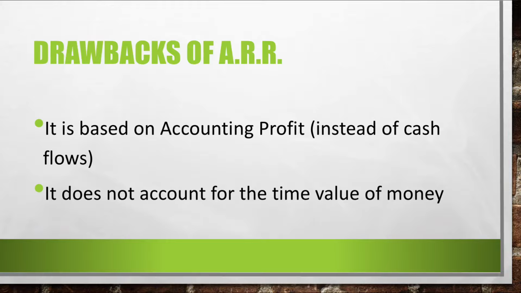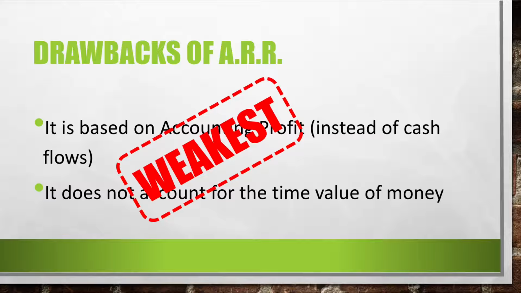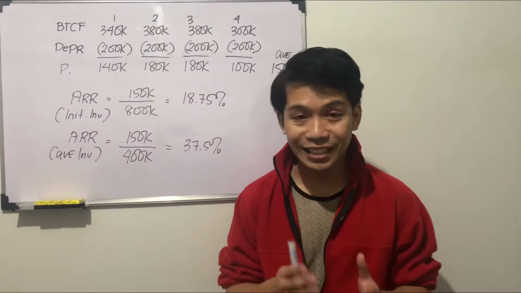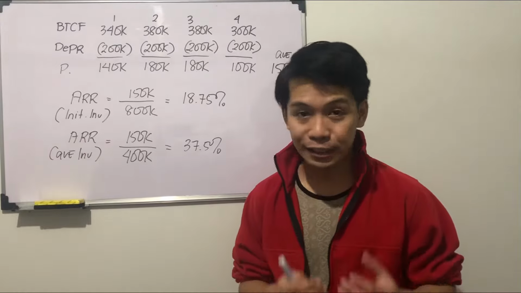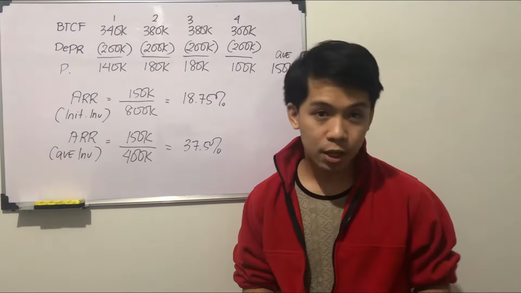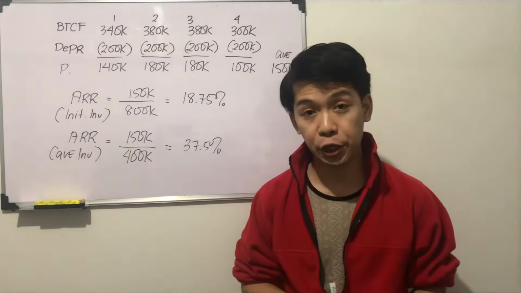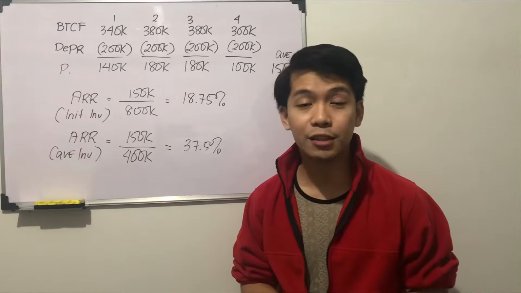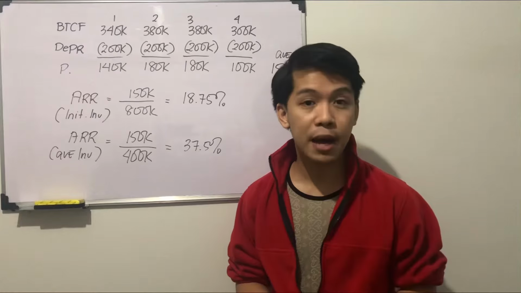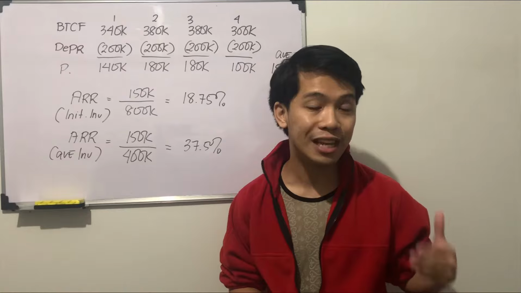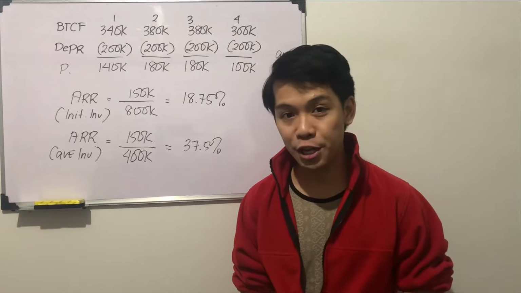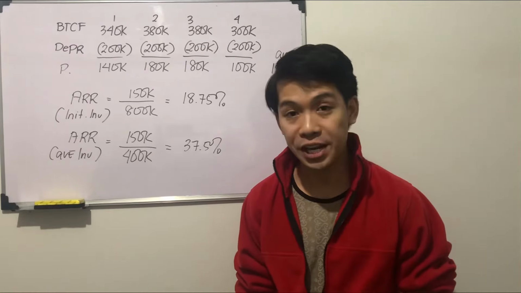As a result of these two drawbacks, we can say that the accounting rate of return is the weakest of all capital budgeting models. Despite the ease in understanding, this is still the weakest model. It is in my opinion that we should use the accounting rate of return only for purposes of evaluating the impact of the project on the financial statement ratios, especially return on asset and return on equity.